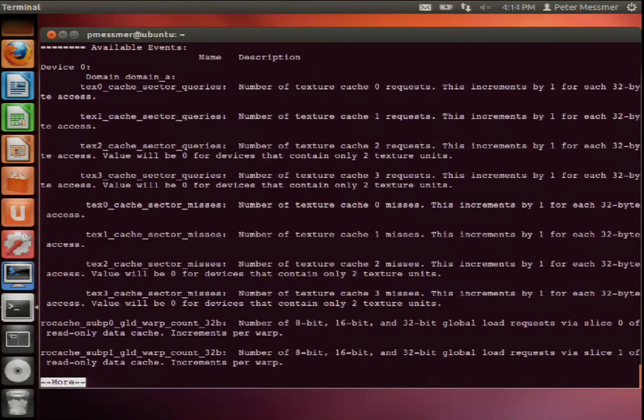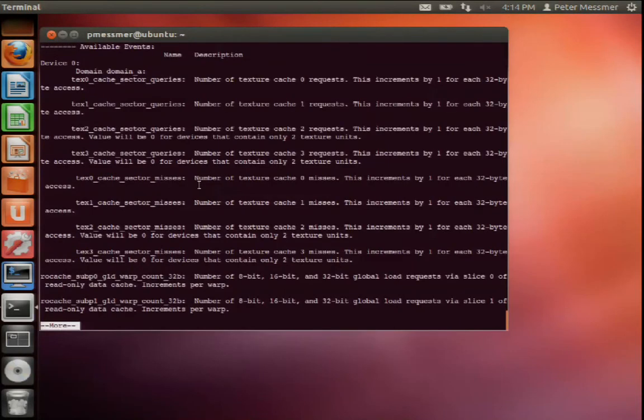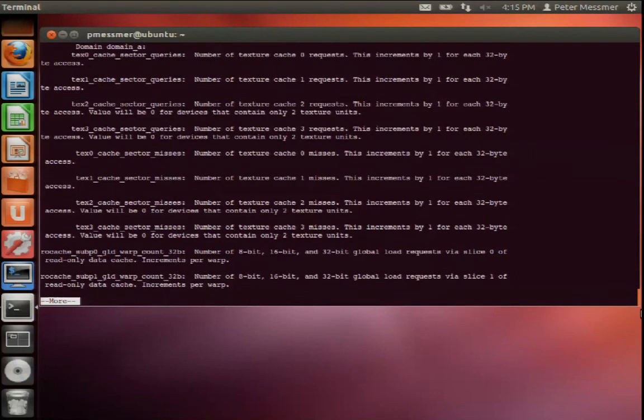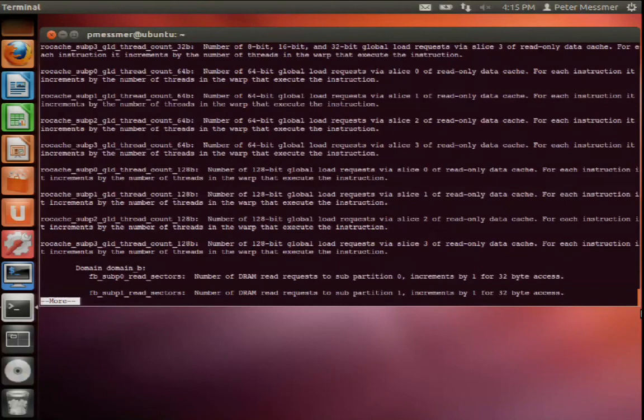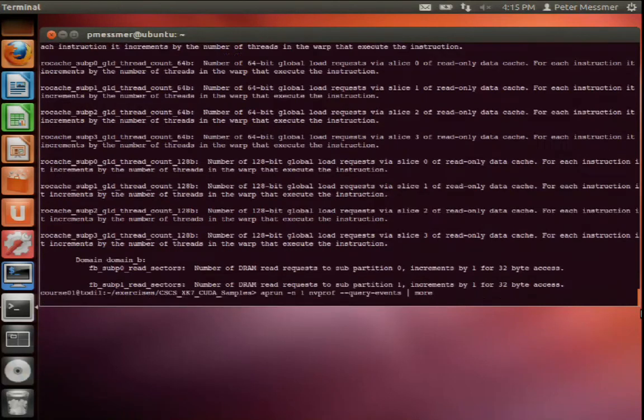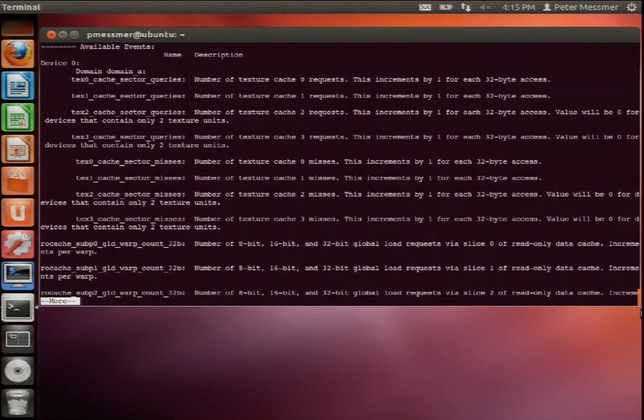It's now breaking up here because of the font size. But this tool allows you to go very deep into the individual parts of the architecture.